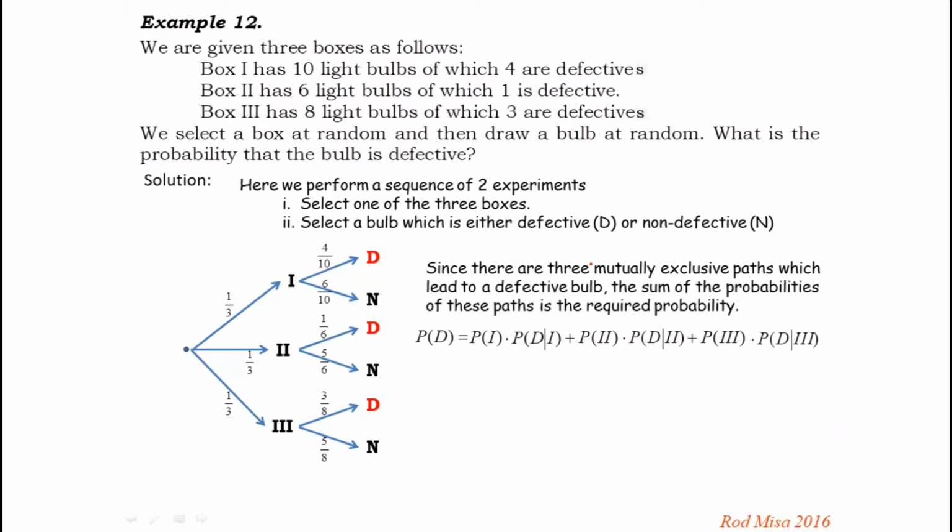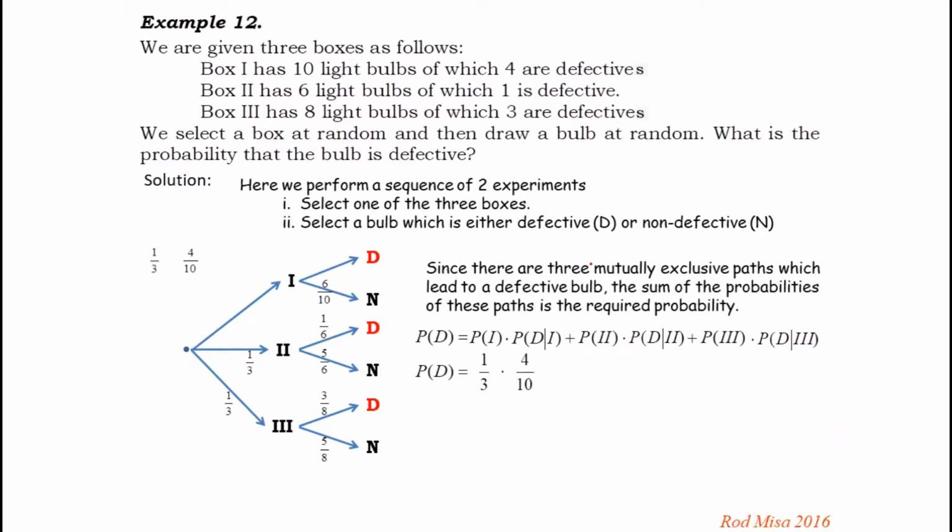Solving for the probability of selecting a defective light bulb, it is equal to the probability of drawing the first box and then selecting a defective light bulb from this first box. So this is 1/3 times 4/10.